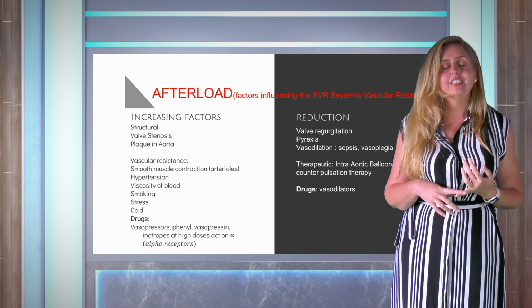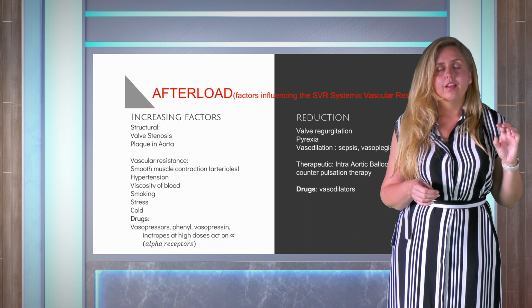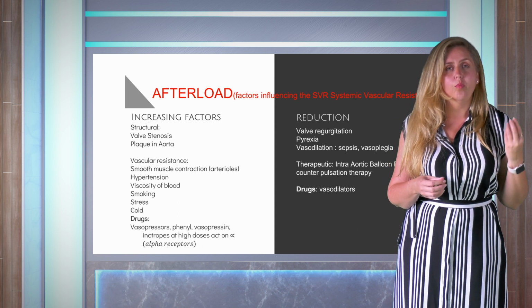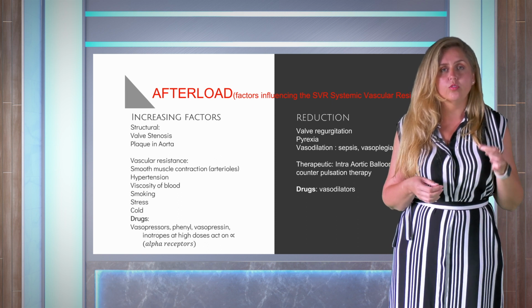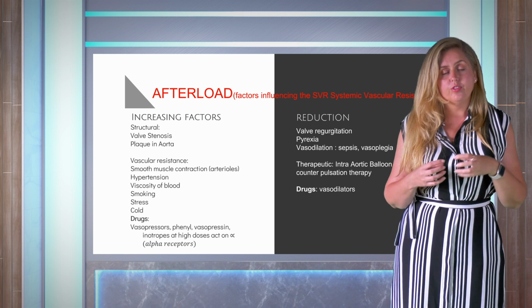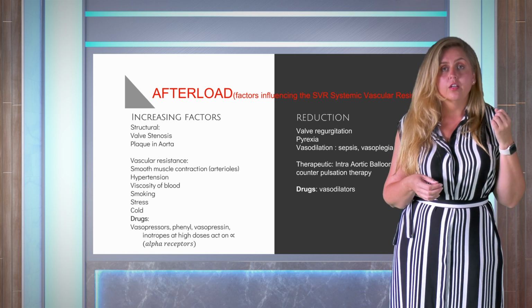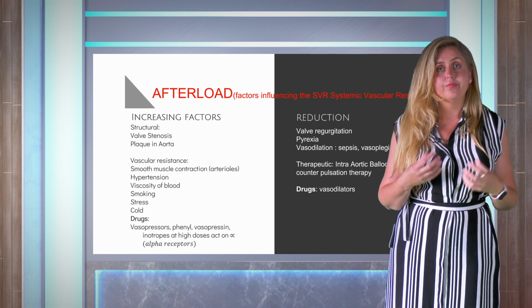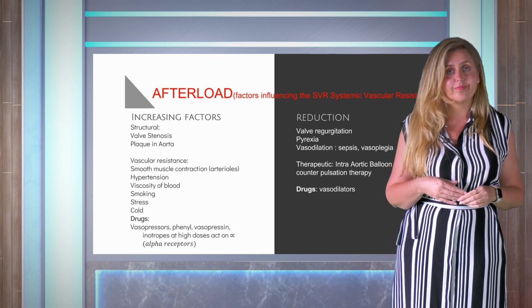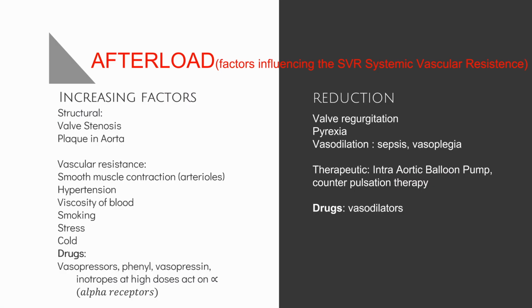Another structural reason might be a non-compliant aorta, or plaque buildup in the aorta will also narrow it. If it's not able to stretch very well, it will also have a high afterload, our aorta itself. Our vascular resistance, so that's all the arteries and arterioles, our smooth muscle contraction will increase our afterload.